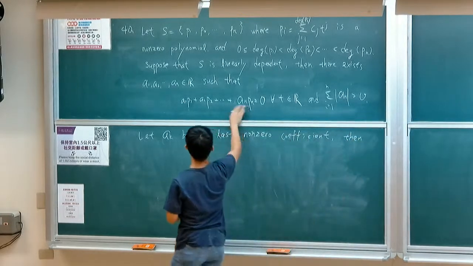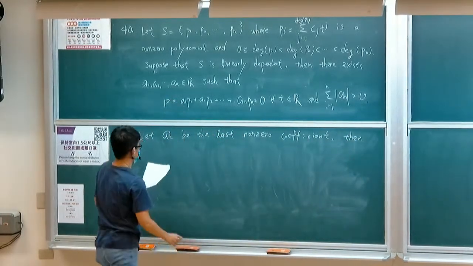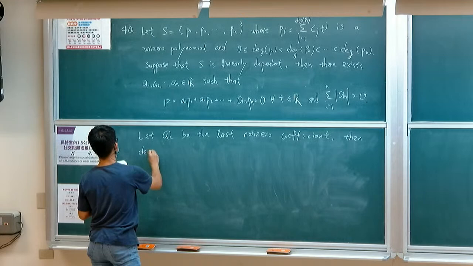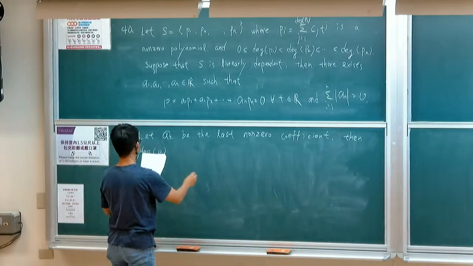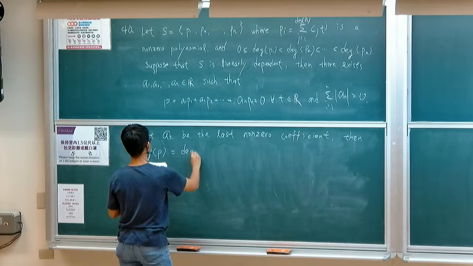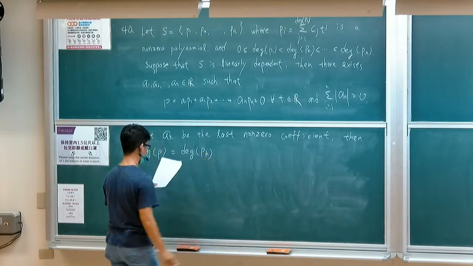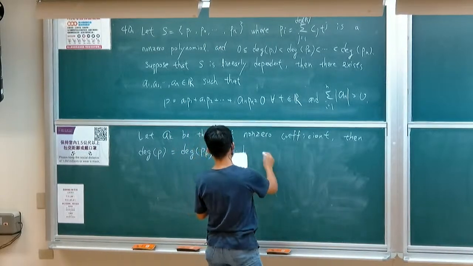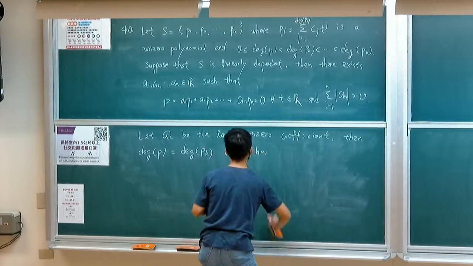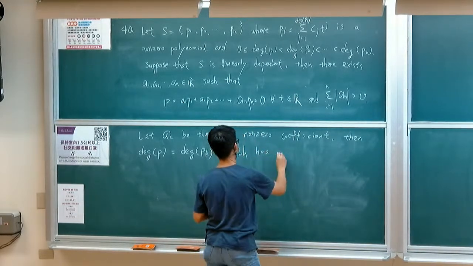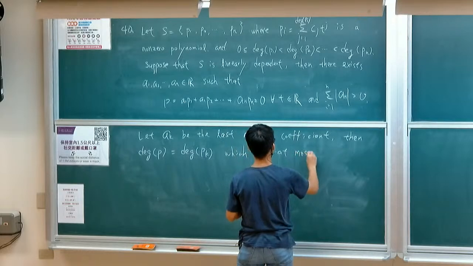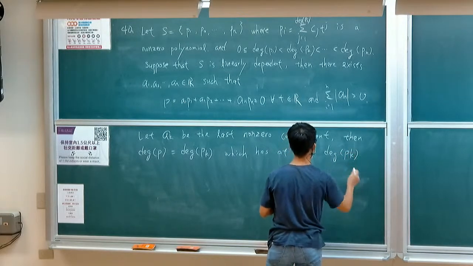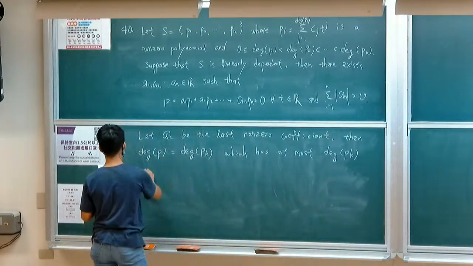Then if we call this p, the degree of p is equal to degree of pk, which has at most degree of pk roots.